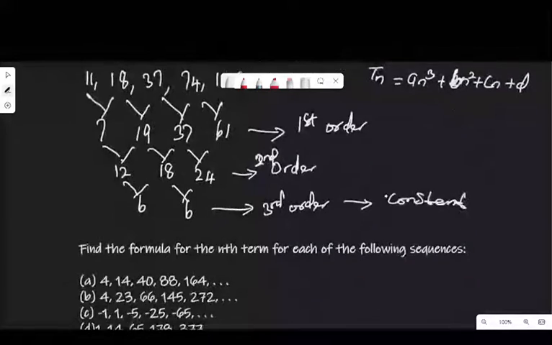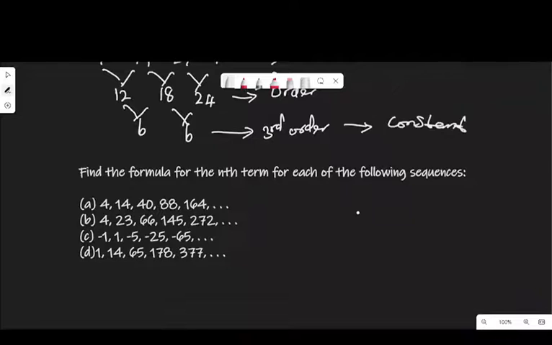And I have some examples here from A down to D. The first one is 4, 14, 40, 88, 164, and so on and so forth.